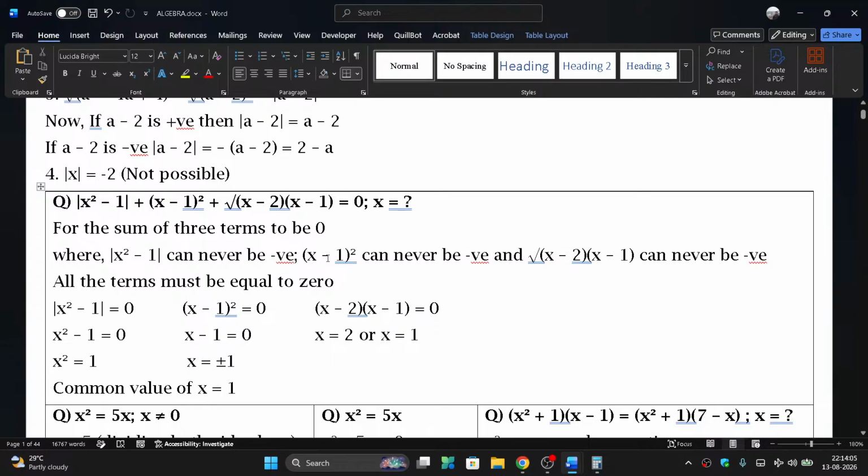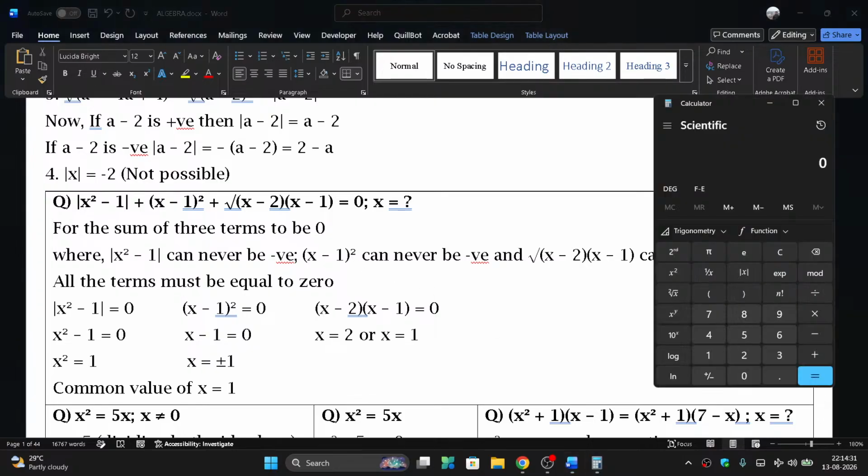This also cannot be negative, and this also cannot be negative. We already know that the square root of a negative number can be negative. It is a valid thing, unless we forcibly make it positive, but it can be negative. And x square minus 1 also can be negative.